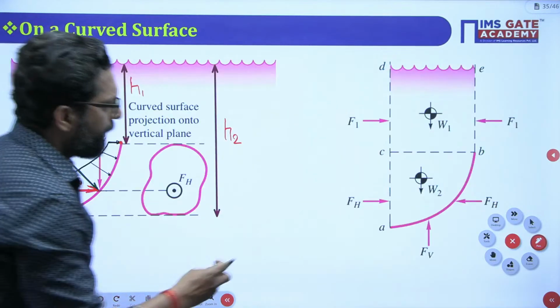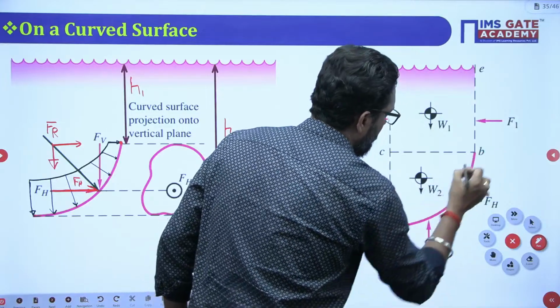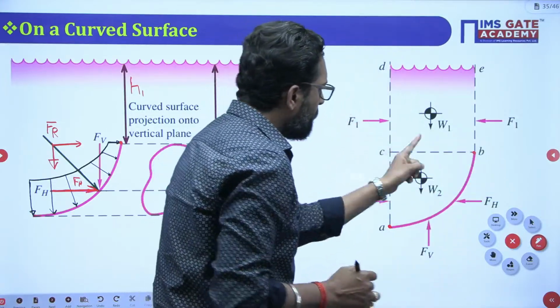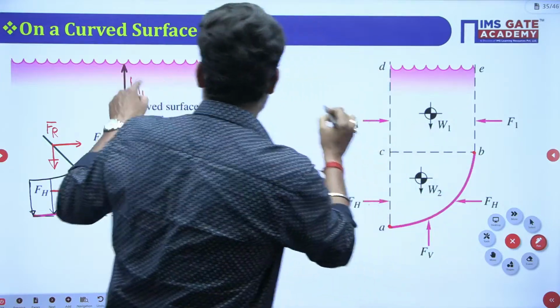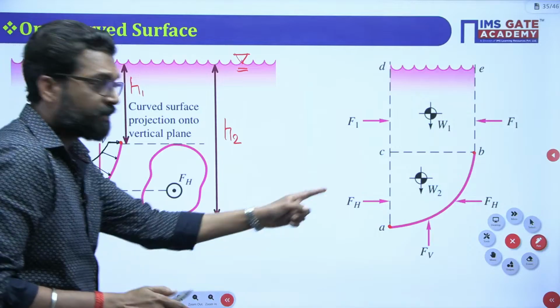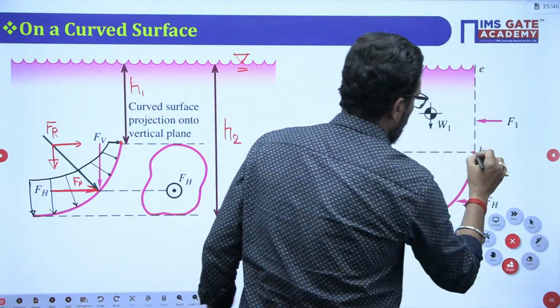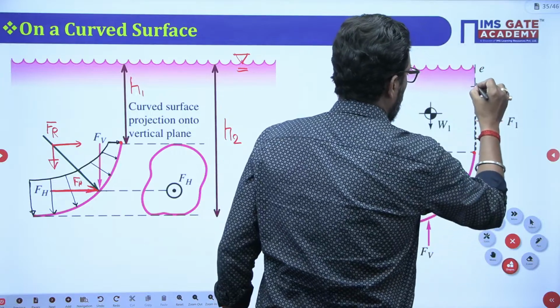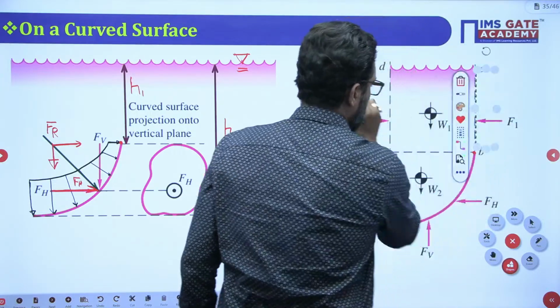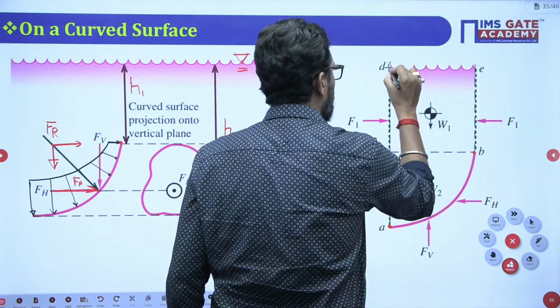That means if this is our curved surface, let's suppose curve A and B, this curve A and B will project up to this free surface.